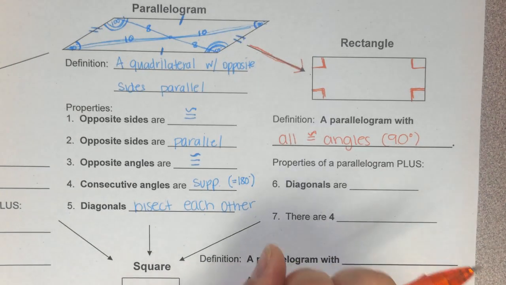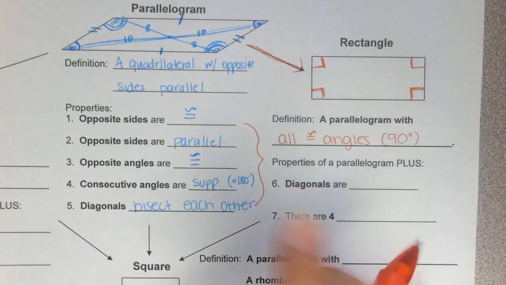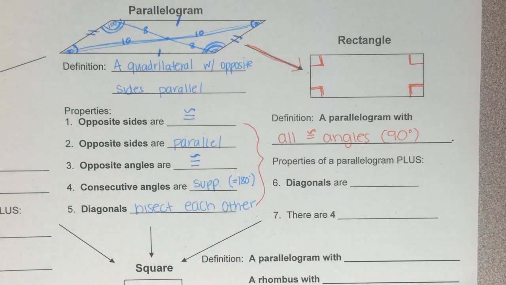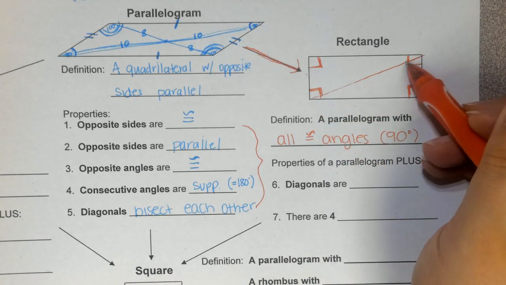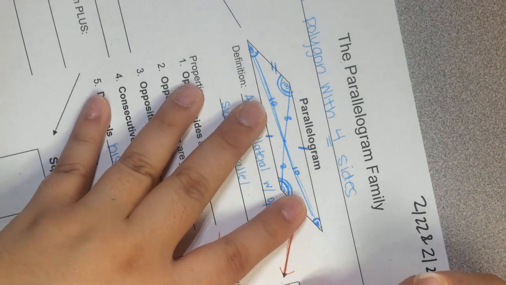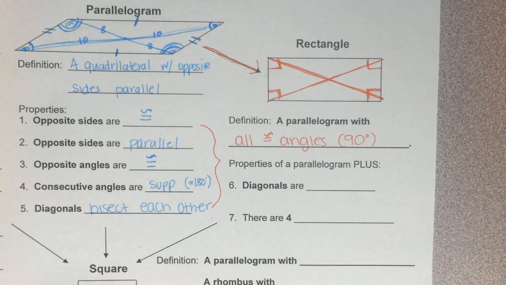So, all of the properties right here apply to a rectangle. Plus, draw your diagonals with your badge if you need to. What do you notice about my diagonals? What did we say about the diagonals?